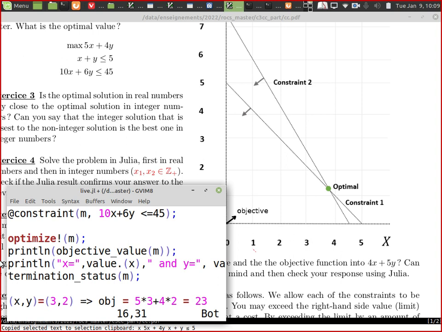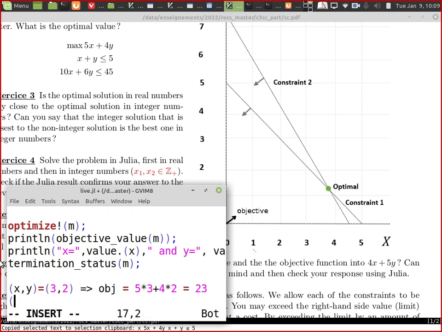Yes, thank you. If I have x and y, here I have 1, 4. This will give me an objective 5 times 1 plus 4 times 4, 21. So this one is better.